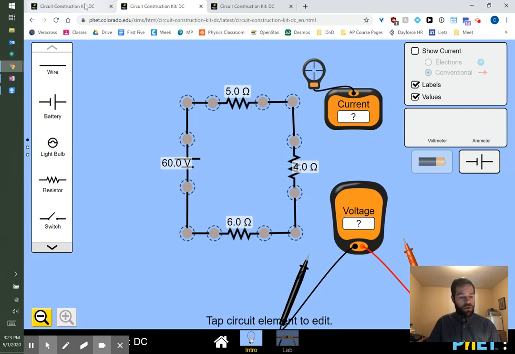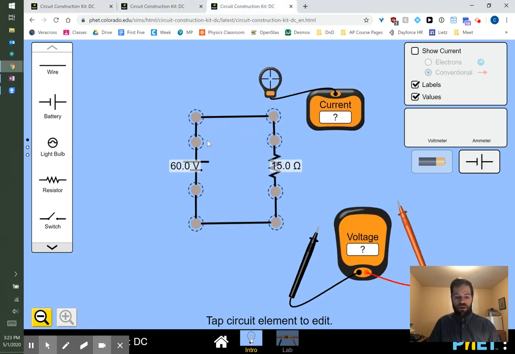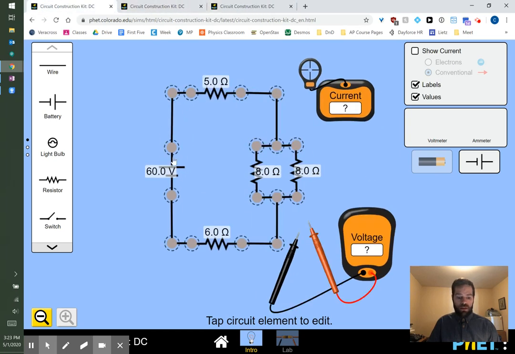Now, it's not going to quite be the same as the current flowing through this entire circuit because we have a parallel branch here, and when the current hits this little junction, it's going to split off. But what we will see is that the current that we find in each of these two equivalent circuits is the same as the current that flows everywhere else besides this parallel branch.